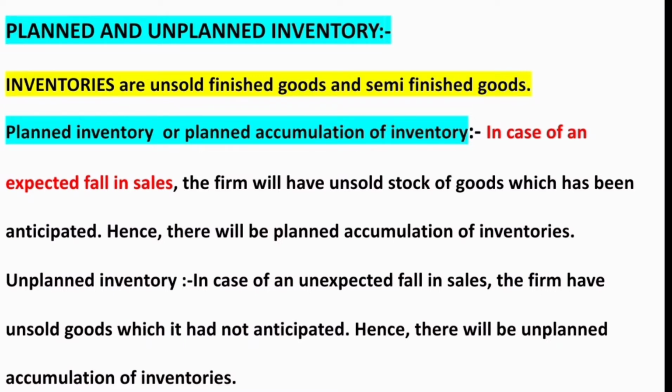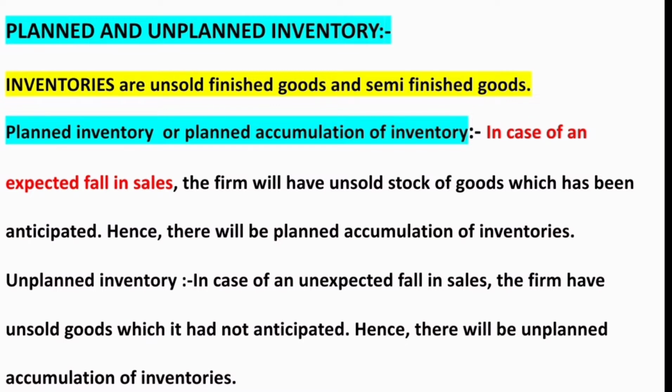So, there will be planned accumulation or increase of stock, which is called planned accumulation of inventories. That is, in case of expected fall in sales, the firm's unsold finished goods will increase. It is planned by the firm.